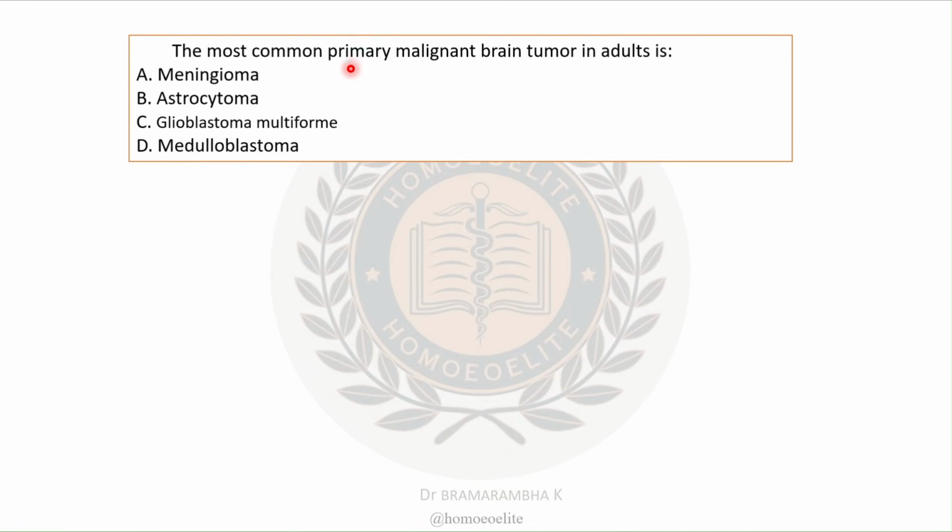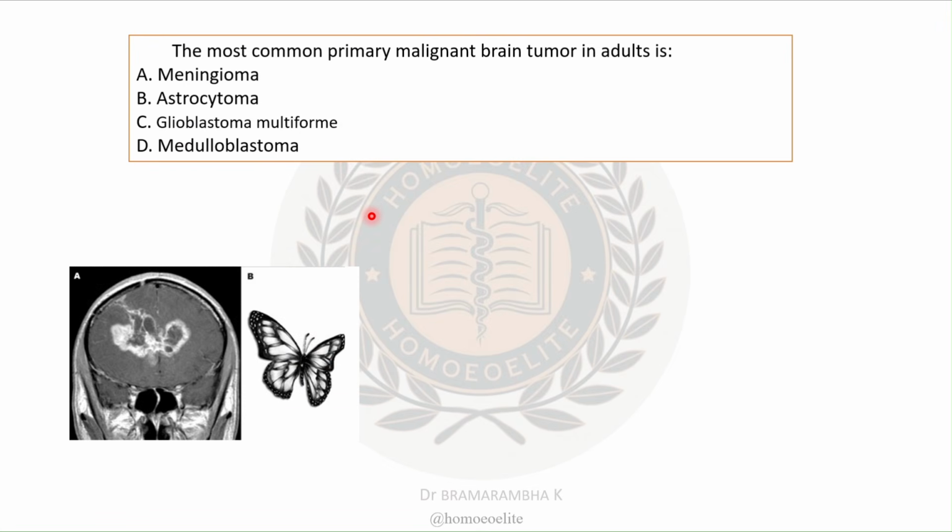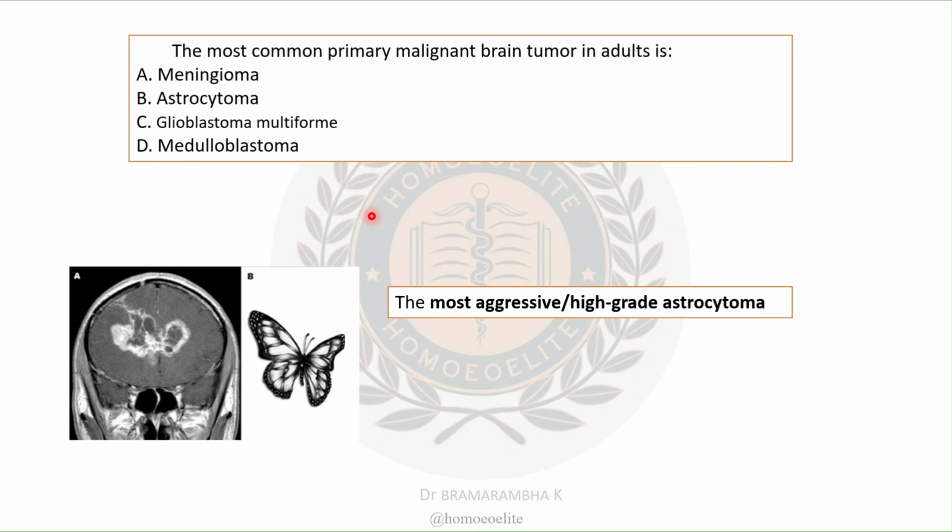So the most common primary malignant tumor in adults: meningioma, astrocytoma, glioblastoma multiforme, medulloblastoma. Okay. So the most aggressive or high grade tumor is astrocytoma.